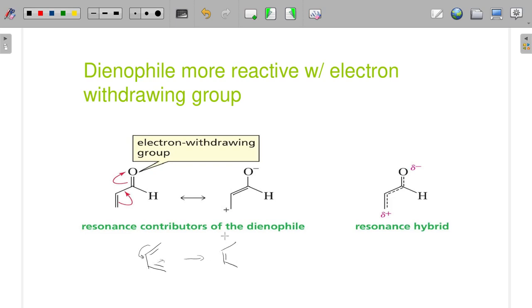This being positive now and this being negative, and if I move that dienophile right down there below it, that positive and that negative are going to be attracted to one another. So the nature of those resonance contributors helps drive this reaction, this mechanism. And having a withdrawing group on there helps make that even more positive.